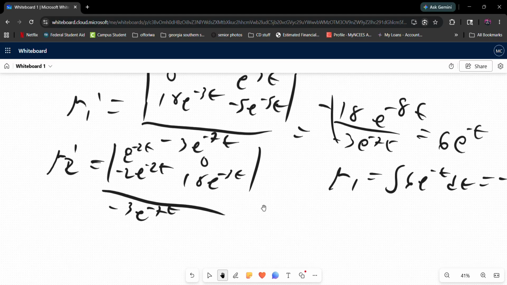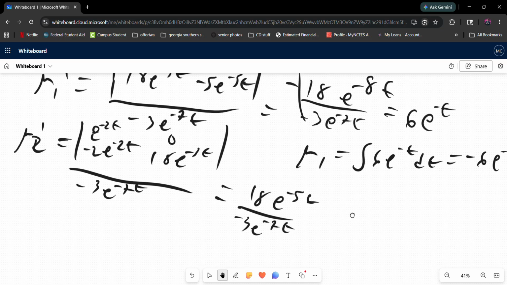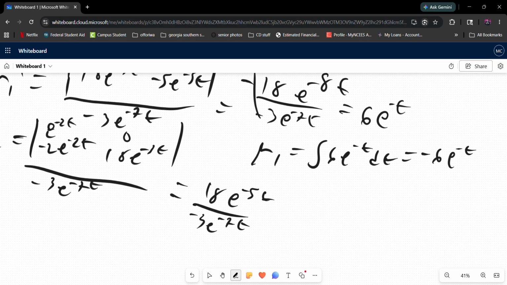Okay, so now we end up with 18 e to the negative 5t, all over negative 3 e to the negative 7t.